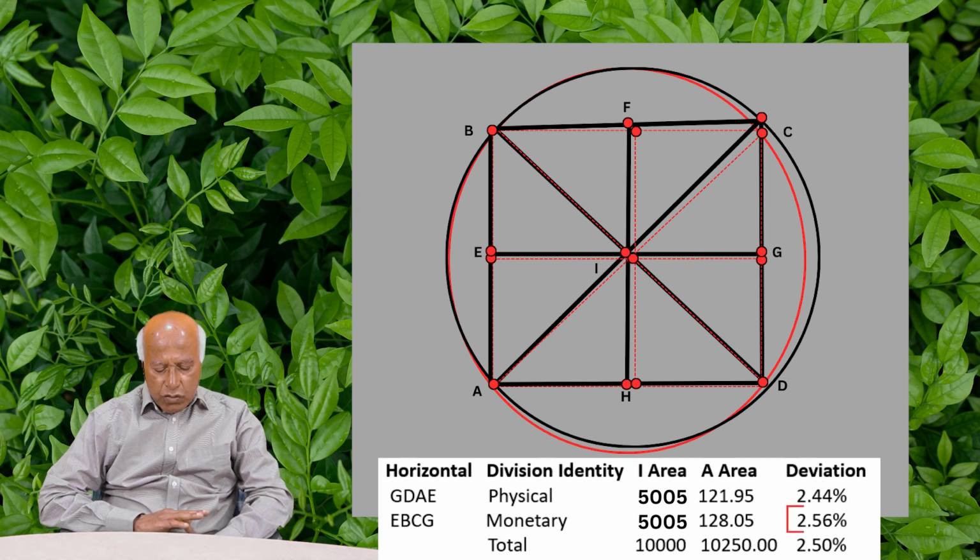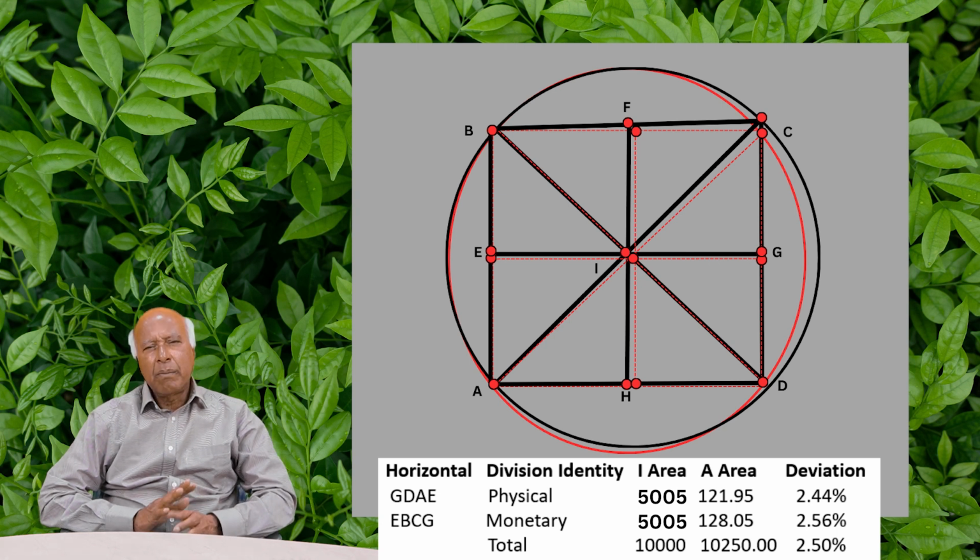It is 2.56%. The physical stability was 2.44%. It increased, and the monetary value has increased by 2.56%, so if we deduct 2.44% from 2.56%, the remaining is only the difference.